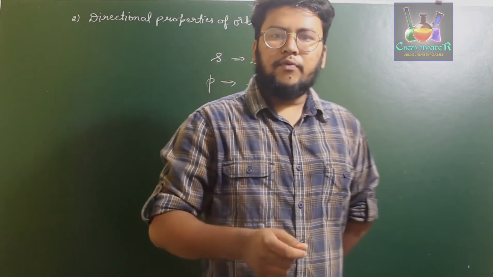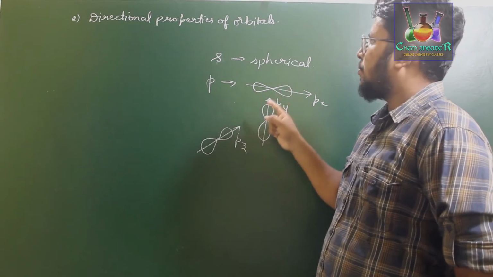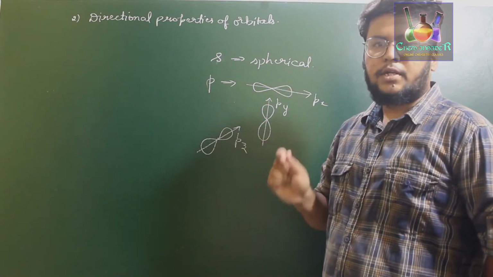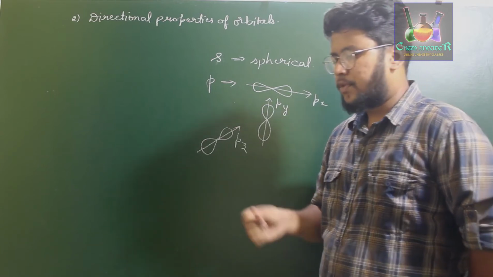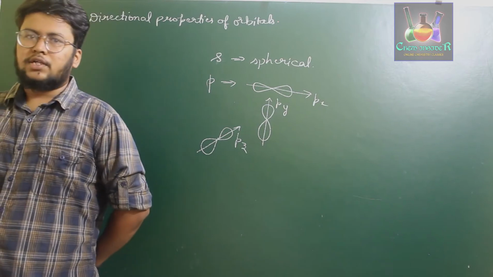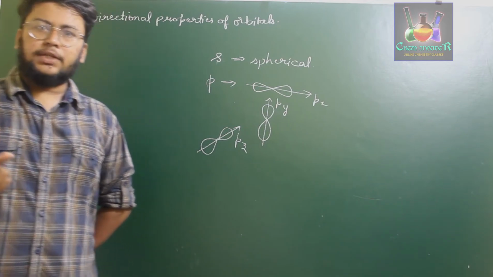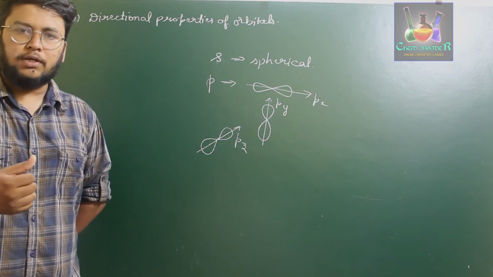In the valence bond theory, this directional property of the orbital is responsible for forming the different geometry of a given molecule. In the case of our VSEPR theory, we clearly explained the shape of the molecule but did not explain why that particular shape was formed.